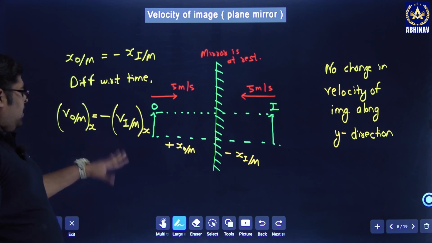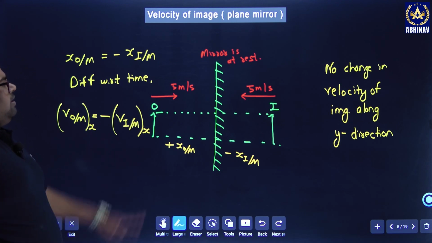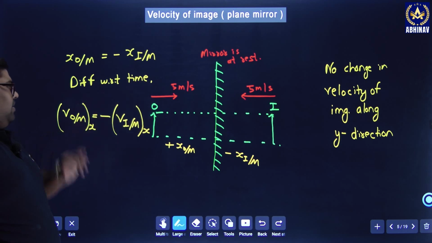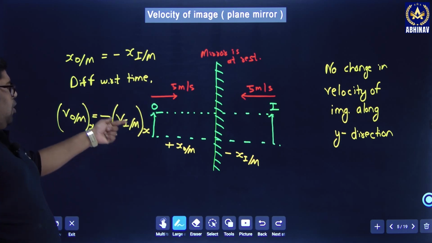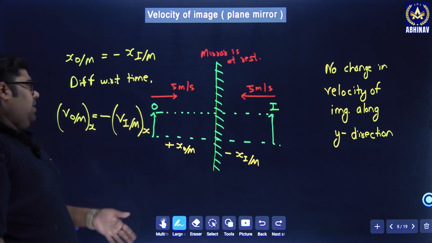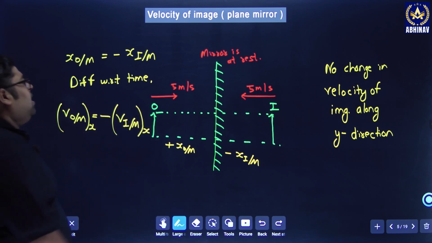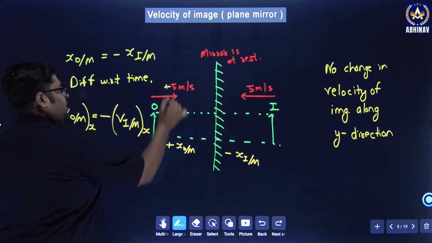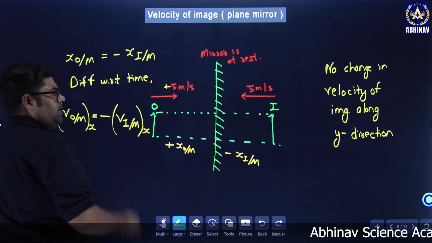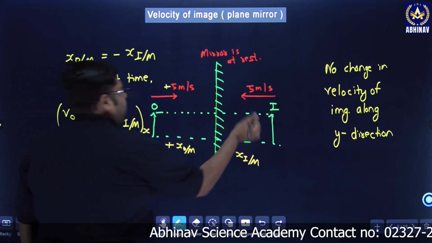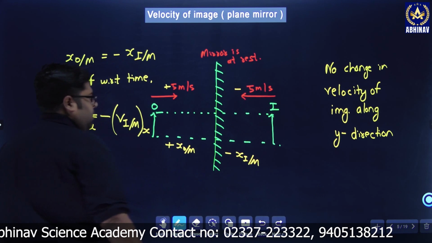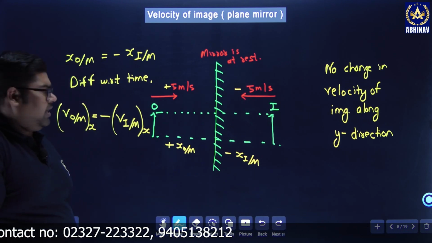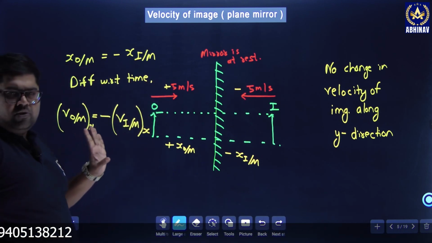And while solving this, we are considering that the mirror is at rest. So if the object is going towards a plane mirror with a velocity of 5 meters per second, velocity is a vector quantity, so the image will also come towards the mirror with the exact same velocity, just the sign will be changed.